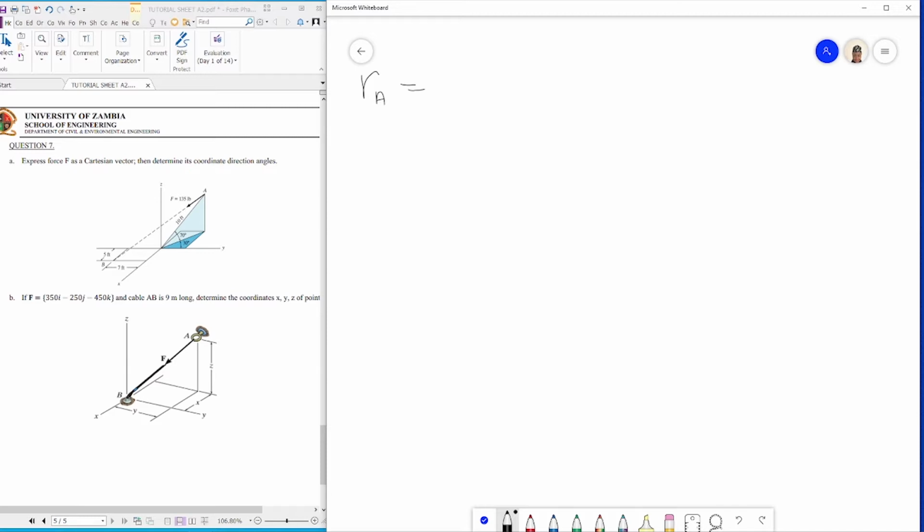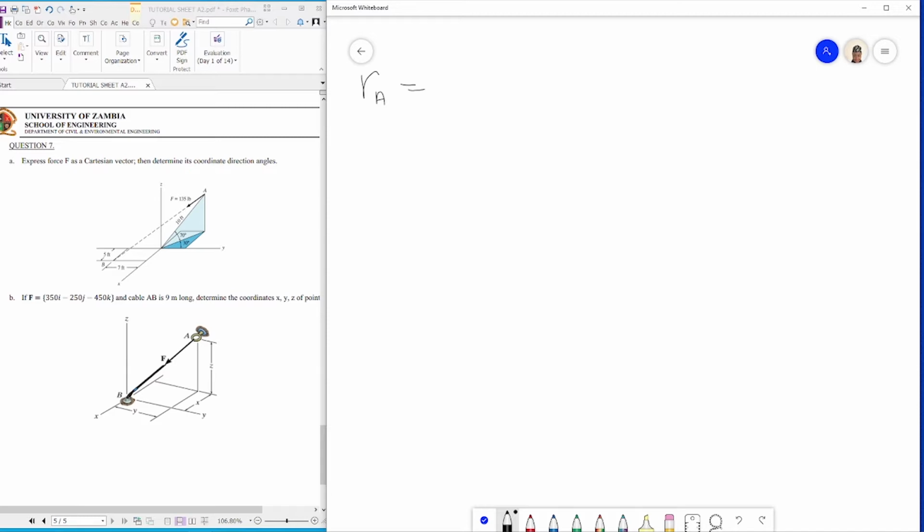We've been given the 70 degrees, which is from the XY plane to the position vector RA, and then we've been given the 30 degrees there. So definitely not so tricky.